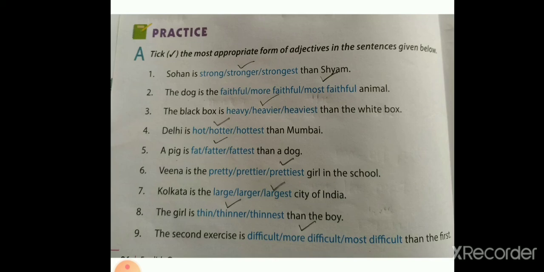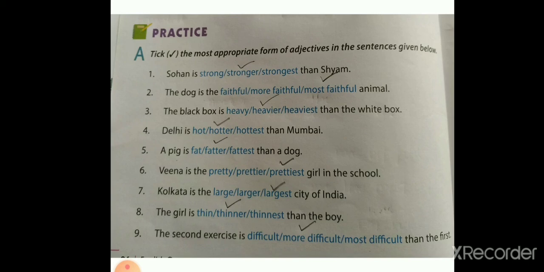Delhi is hotter than Mumbai. A pig is fatter than a dog. Veena is the prettiest girl in the school. Kolkata is the largest city of India. The girl is thinner than the boy. The second exercise is more difficult than the first.